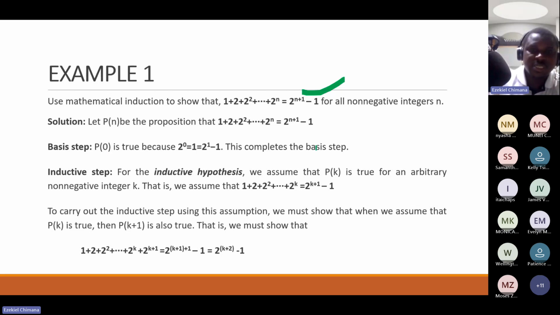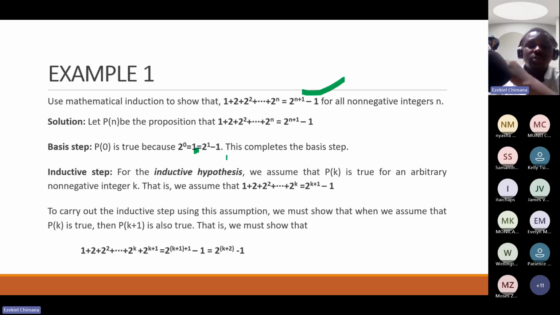So you can put P of 0, and then you check if it is true, and here you also put 0 for n. On the left-hand side, 2 to the power 0 is going to give you a 1, and on the right-hand side, 2 to the power 0 plus 1 is 2 to the power 1 minus 1, which is also going to give you what?